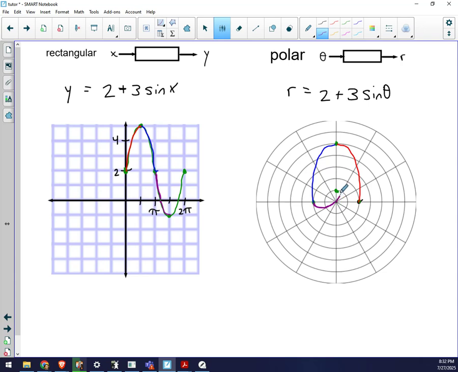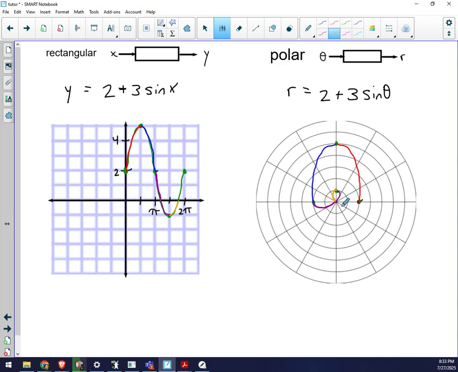That's what creates the little loop inside the cardioid. And then we duplicate that coming back up, y coming back up to 0, which is r coming back to 0, from negative 1 back to 0.